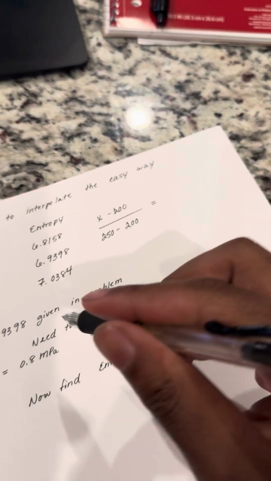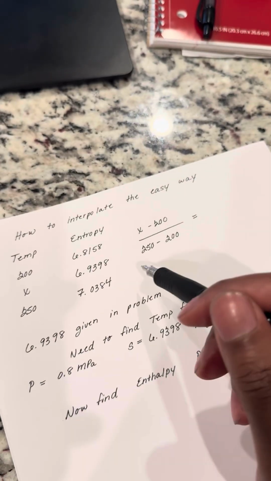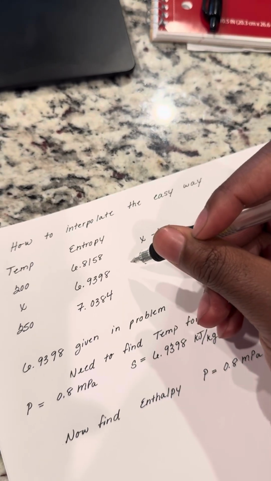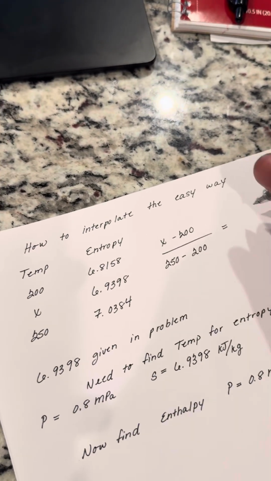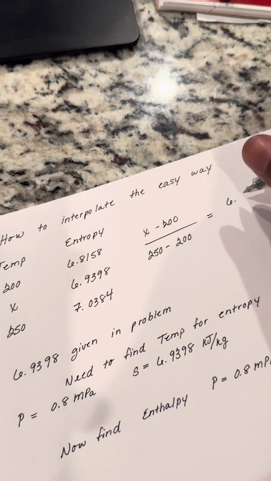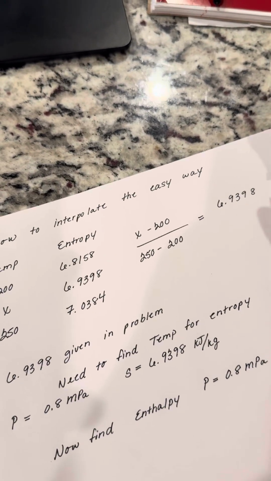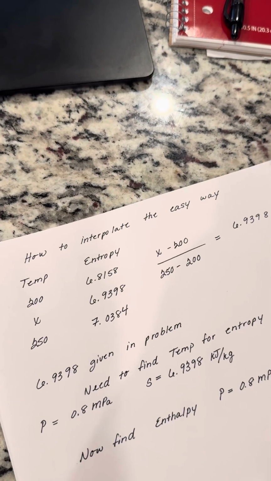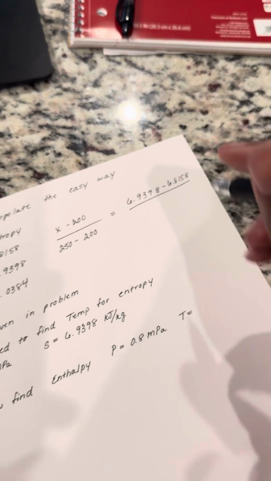And then you want to do the same thing on this side, the same way that you set this up. You want to do it the same way on the other side. So it'd be the 6.9398 minus the 6.8158 first. So let's do that. All right, so that'll be your top.